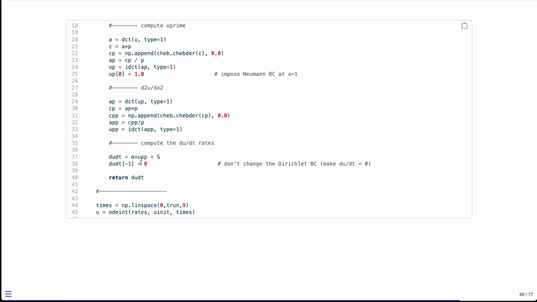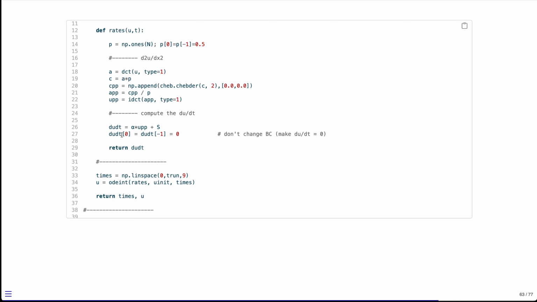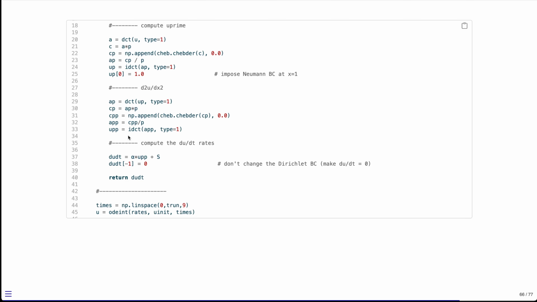We don't need to change the Dirichlet boundary condition at x equals minus 1, but we do allow the boundary condition to be updated at x equals 1 because we're advancing that. So unlike the Dirichlet at both ends, where we set the advancement of u to be 0 at both ends since we know u at both ends, here we only know u at one end, so we're only forcing the rate to be 0 at the Dirichlet end.